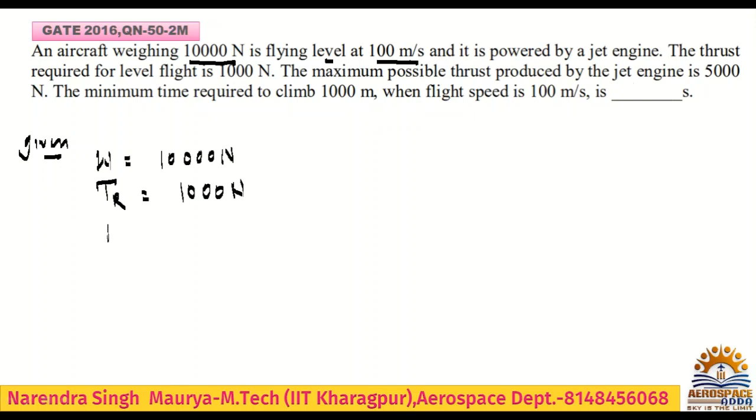So thrust produced by the jet engine means thrust available. Okay, thrust available, I will write TA means thrust available. How much? 5000 Newton.